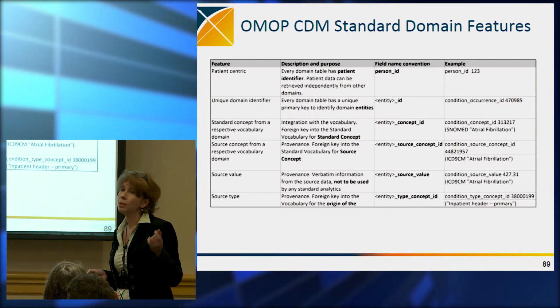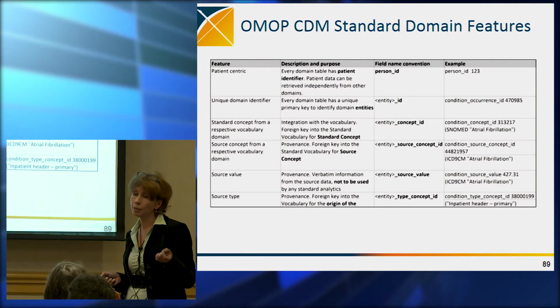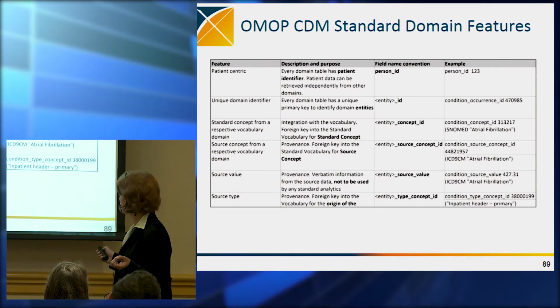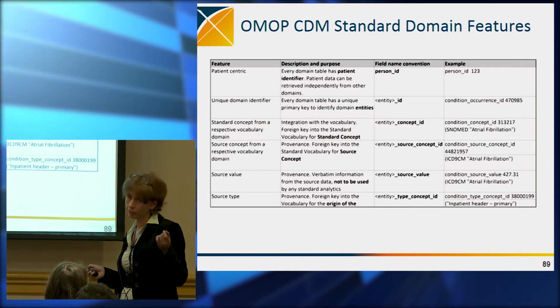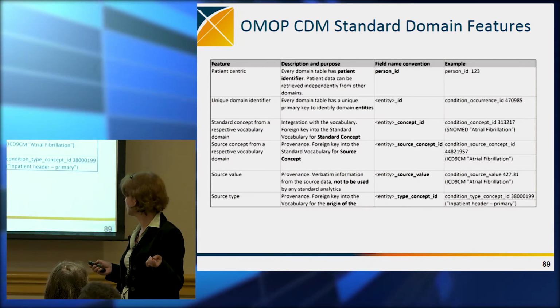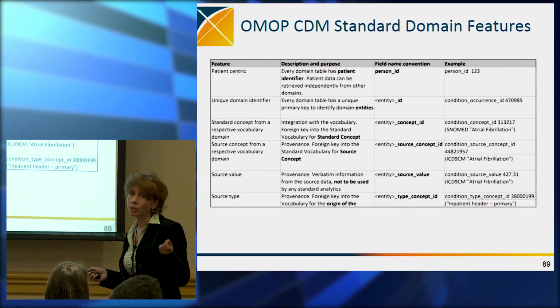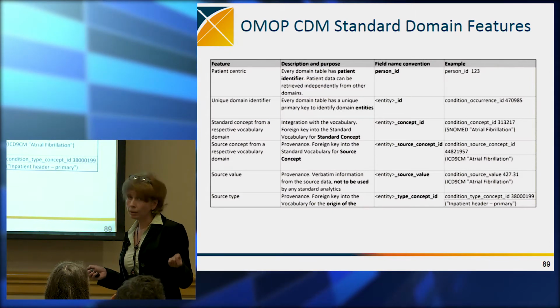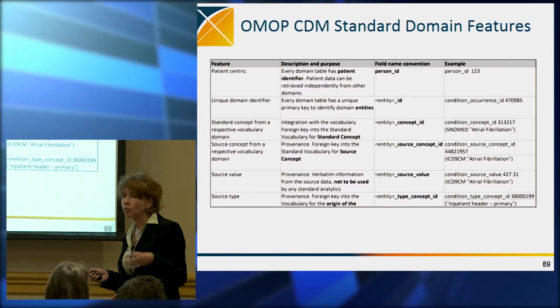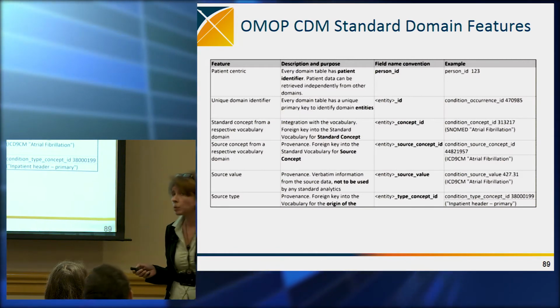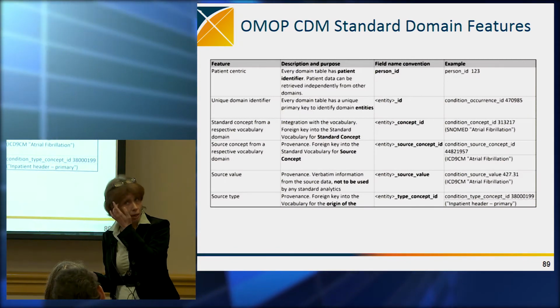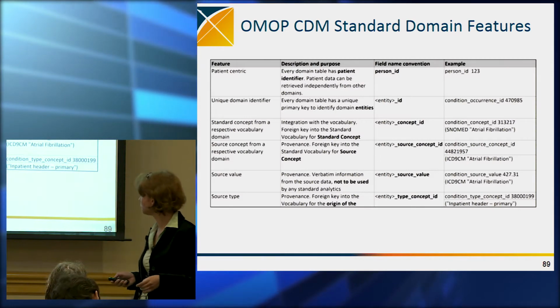So this is a unique key of each domain table. For example, for condition occurrence, which is a table containing patient diagnoses, there will be a condition occurrence ID. Normally, it's an integer, an auto-incremental key that represents the primary key of this domain or this table.